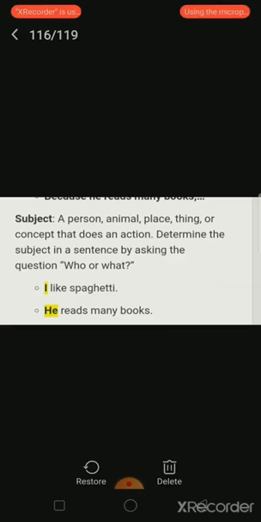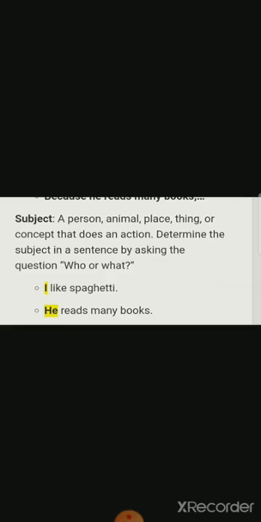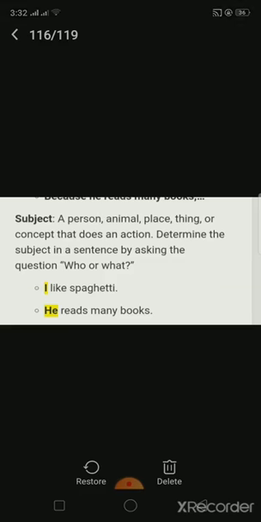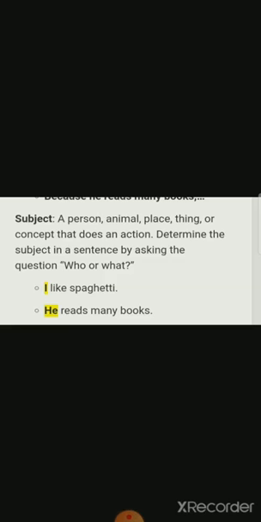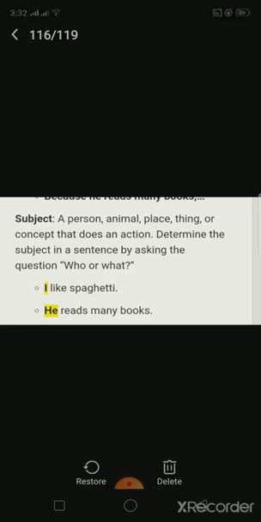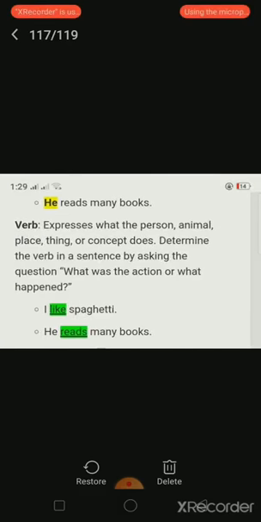Following sentences tell us about the subject, and I have highlighted the subjects. I like spaghetti. In this sentence, I is the doer or the main subject. He reads many books. He is the subject. Verb. A verb is the action or concept of the idea, which does anything.